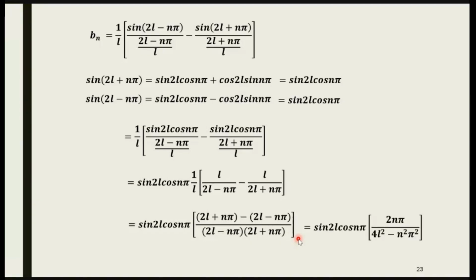So the answer will be sin 2L cos n pi into 2n pi upon 4L square minus n square pi square. Because you have L, not a constant, that is why we are getting a function in terms of L also.